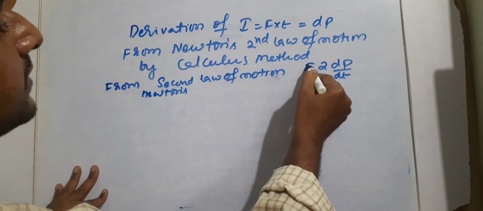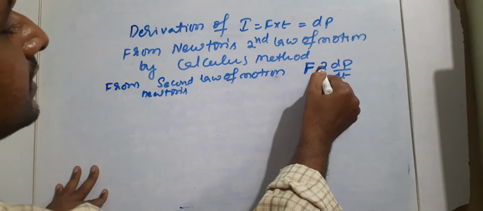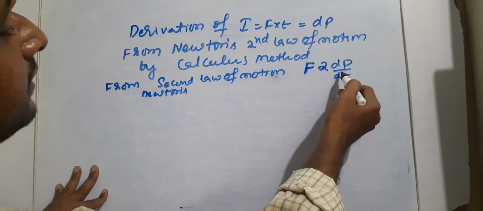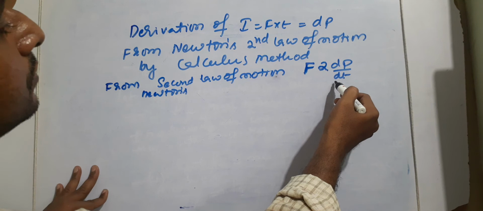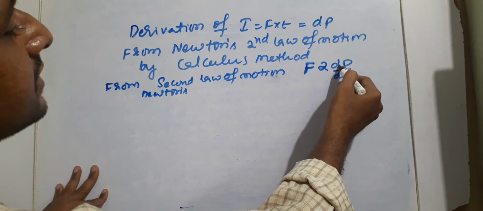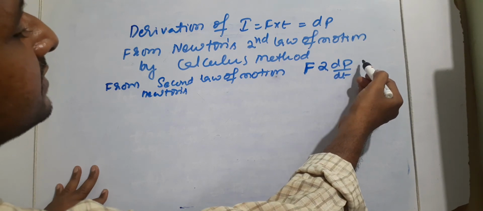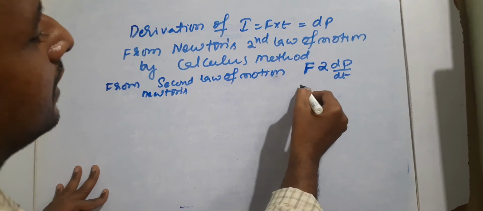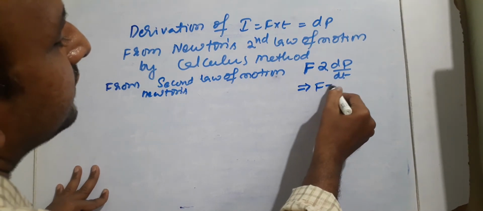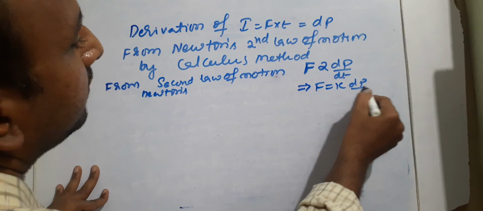Net force, a constant force capital F, is acting on a body for the time interval 0 to t seconds, producing the change in momentum dp, which is from P1 to P2. And you can write this as F is equal to k of dp by dt.